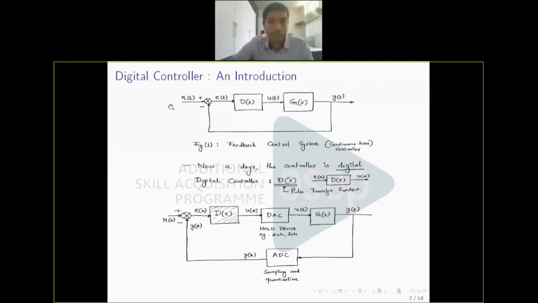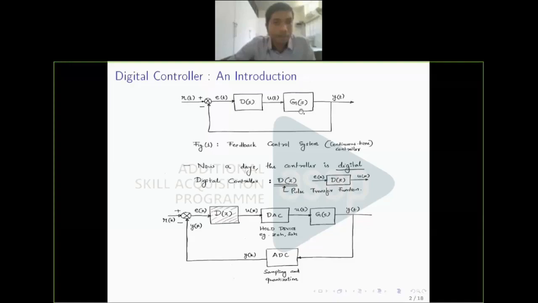And you have a desired output or reference input, which is given by R of T, and you take the feedback of the system output by using some sensor and compare that to the reference. The difference of the reference and output gives the error value. You design some controller which takes some control action, and the output of the controller is given to the plant.